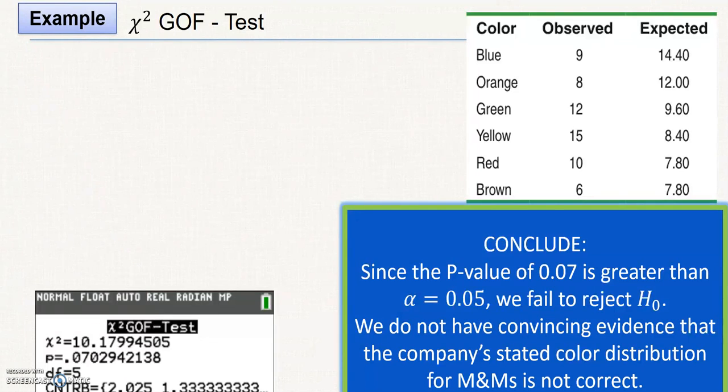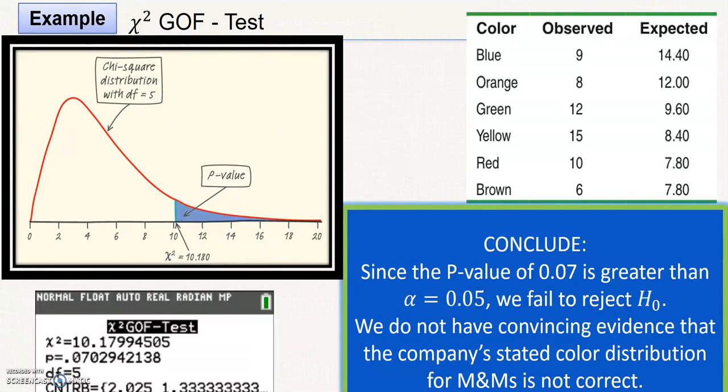Okay, so let's look at the graph. A lot of times we have been able to use the normal curve to approximate our data, but the chi-square distribution is never going to look normal. It's actually always going to be skewed right.